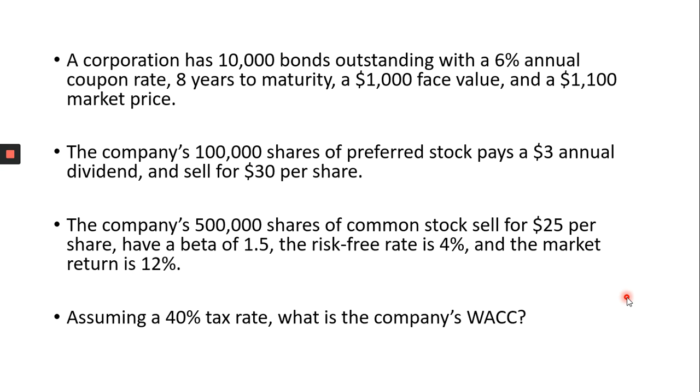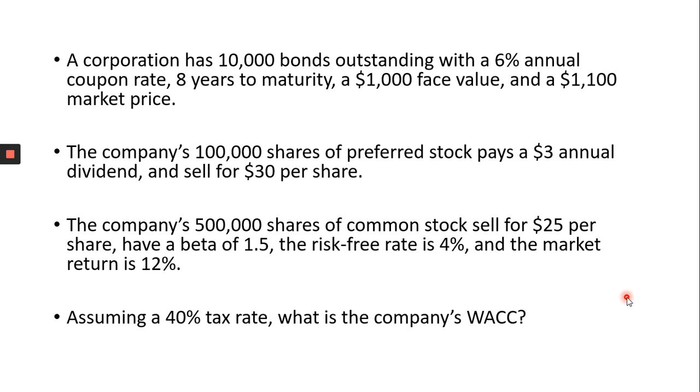The question is that the corporation has 10,000 bonds outstanding with a 6% annual coupon rate, 8 years to maturity, $1,000 face value, and a $1,100 market price. The company's 100,000 shares of preferred stock pay a $3 annual dividend and sell for $30 per share.